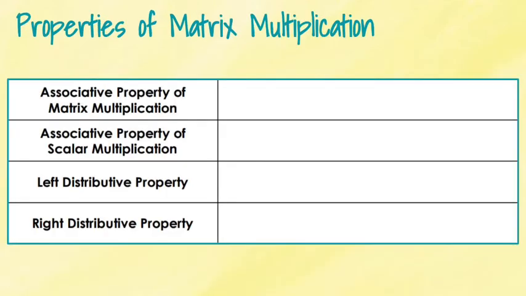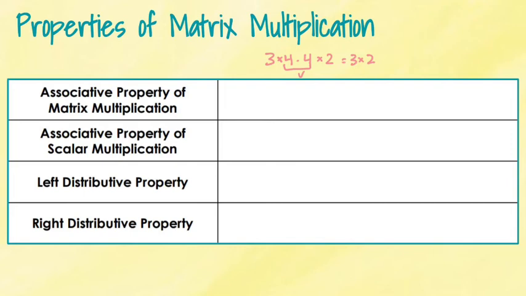So now I want to talk about properties of multiplication, because, for example, flipping the order of two matrices does not mean that it will work. So if we have 3 by 4 times a 4 by 2, this is correct and it gives us a 3 by 2 matrix.